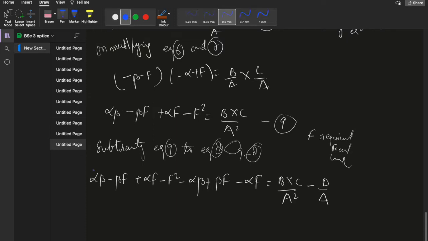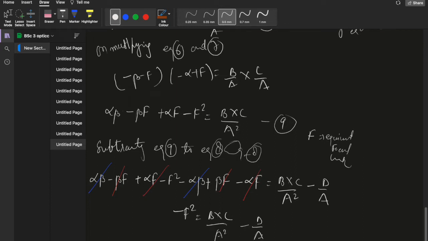Now just cancel: alpha positive negative cancel out, then beta negative positive cancel out, alpha negative positive cancel out. So the final term is minus of F square, which is b cross c upon a square minus of d upon a.